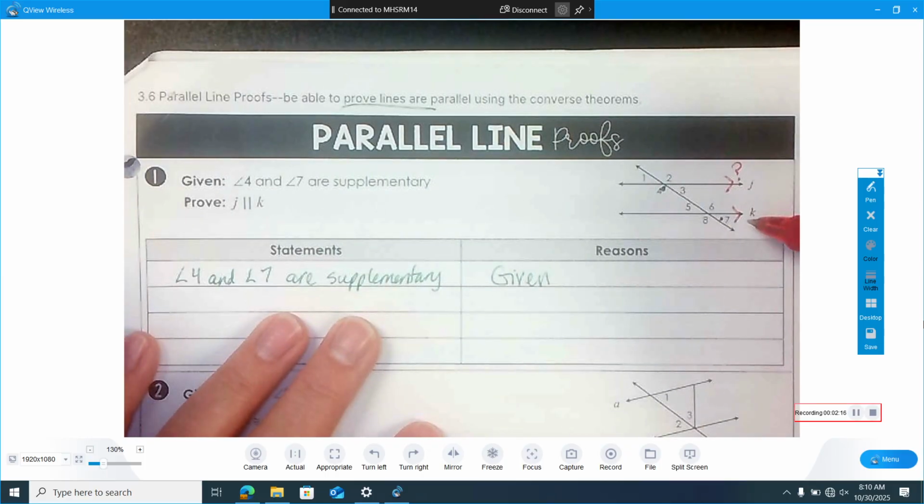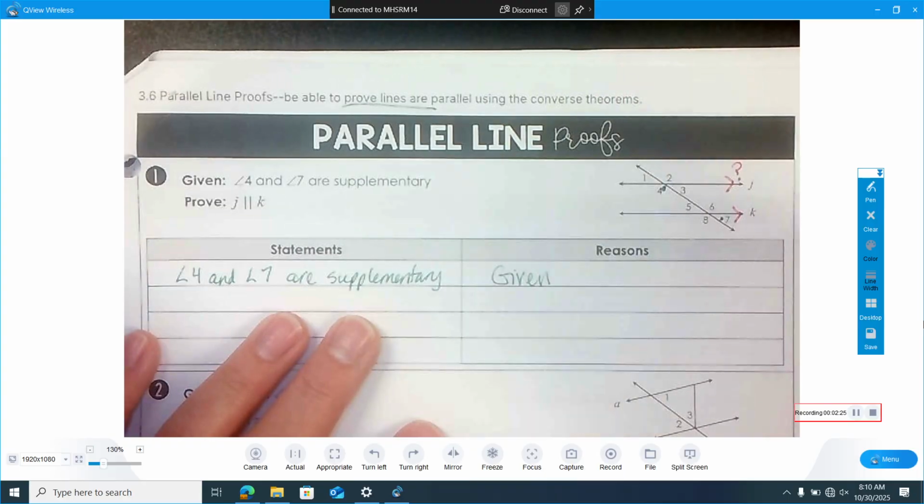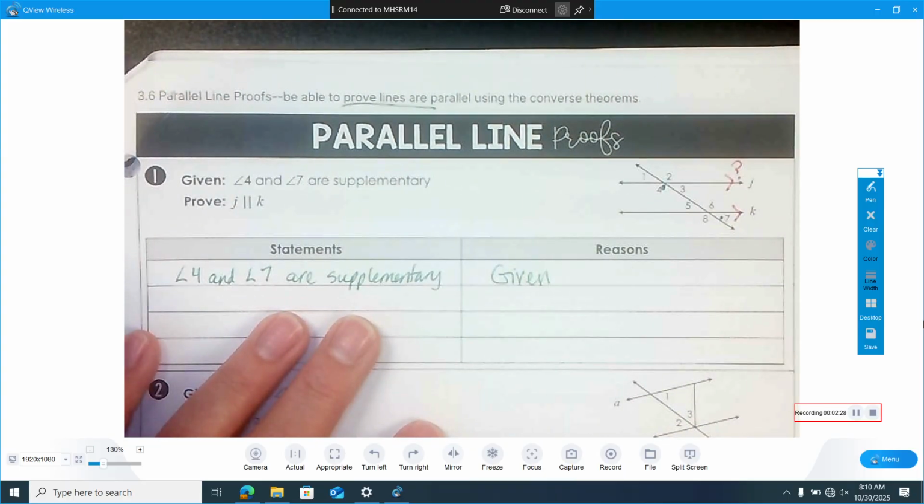Let's see. So I want to show two lines are parallel. We have lots of ways to show lines are parallel. What's one thing you can think of that we could do? We'd have to use our theorem. So like we could pick a couple of angles and be like, hey, if these are congruent or if these are supplementary, then we'd have parallel lines.